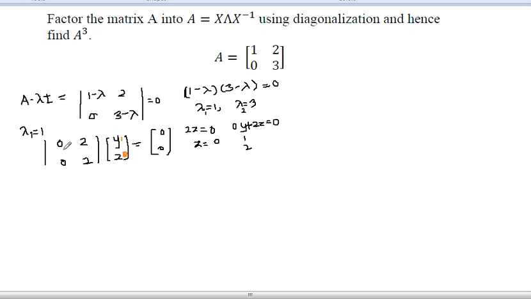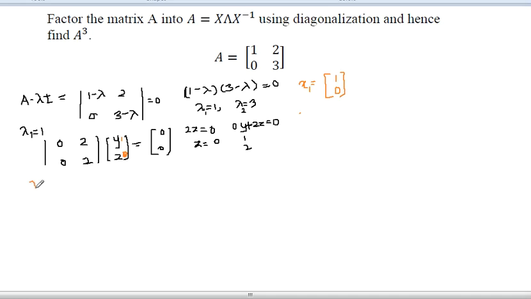As this term is 0, we can take 1, 2 or anything here, but all the other ones like 2, 3 and 4 are multiples of this one. So let's take the eigenvector x1 for this λ1 is equal to 1 as 1, 0.